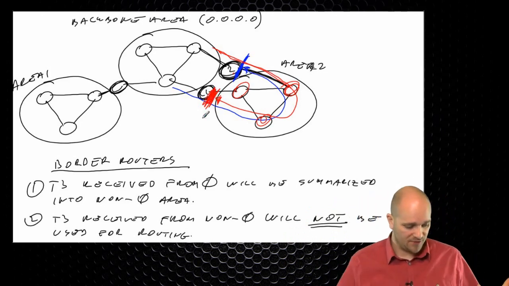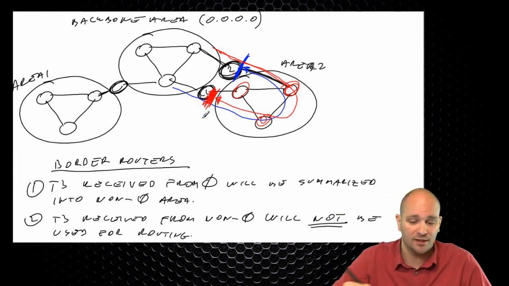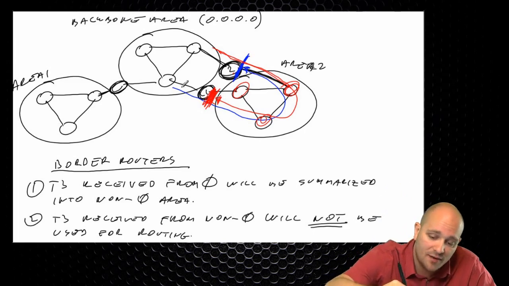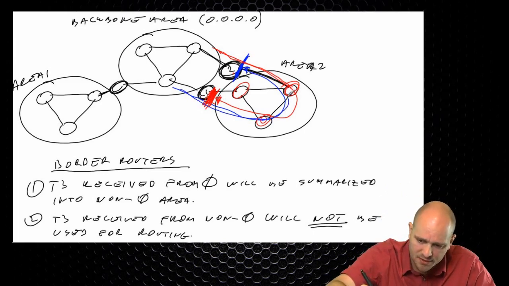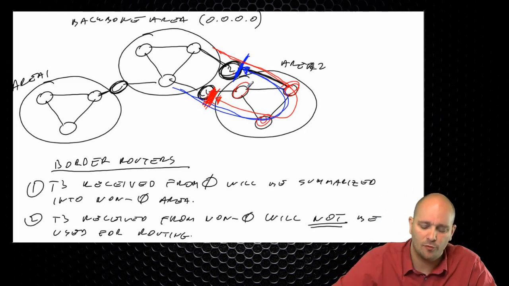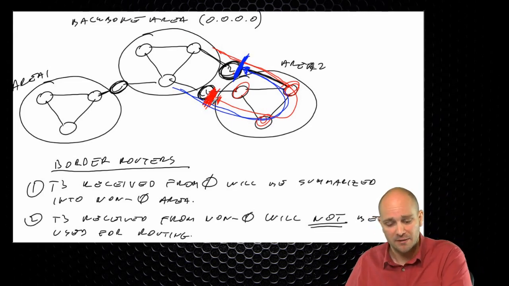Why? Because if it's not in a routing table, there will be no calculated cost for it. If there is no calculated cost for it, that means that this route will never leave this area. Same thing happens with this information here. So this is the split horizon rule that OSPF implements and prevents the loops in a multi-area environment.